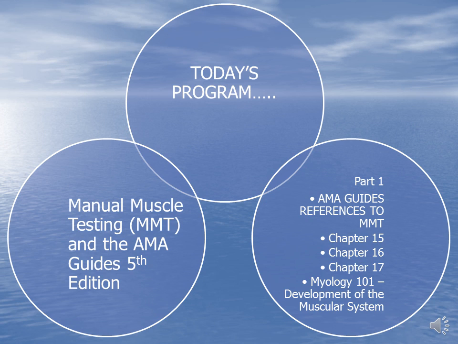And each of the chapters has both some features of manual muscle testing and the grading systems associated with manual muscle testing. Some of the features are similar from chapter to chapter, and some of the features and grading systems are different from chapter to chapter, and I'll point those out to you.